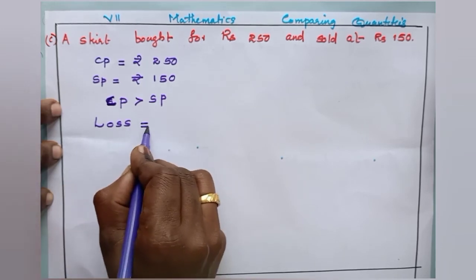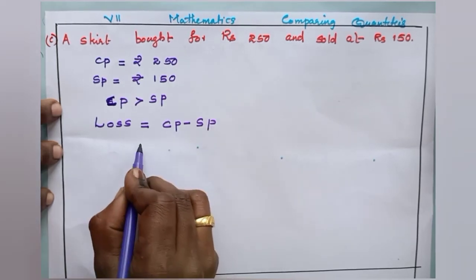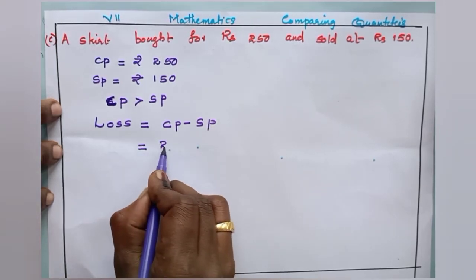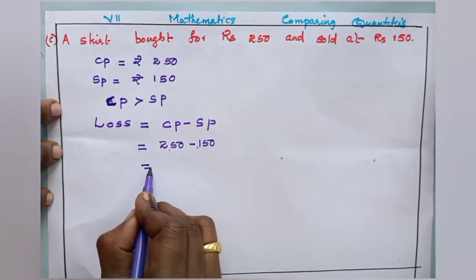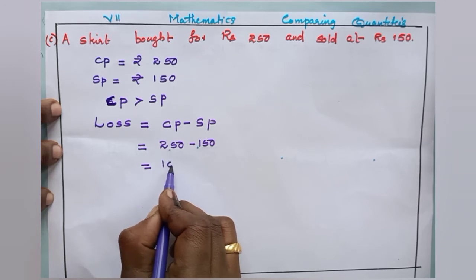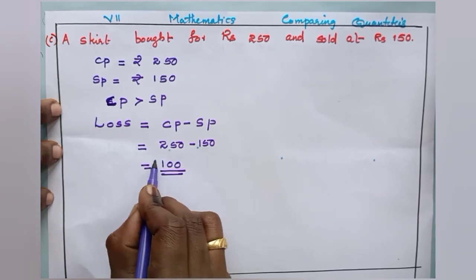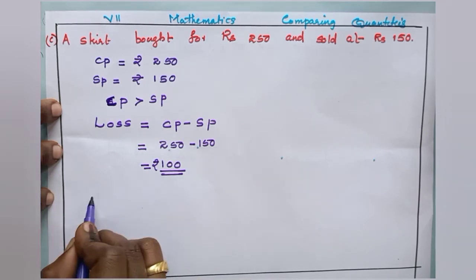So loss equals CP minus SP: 250 minus 150 is 100 rupees.